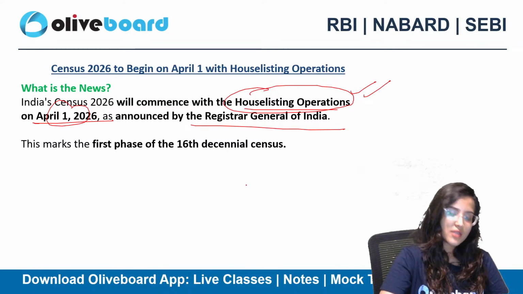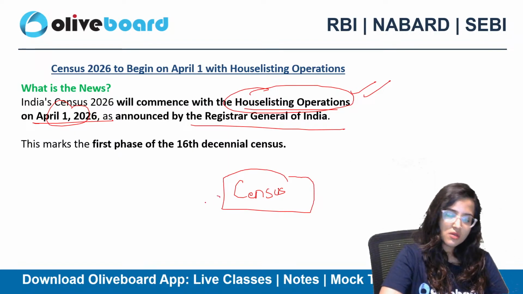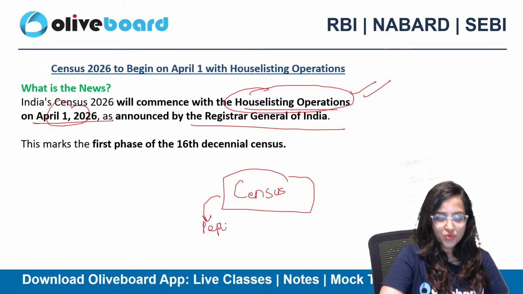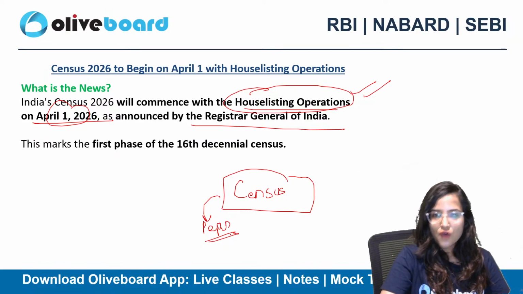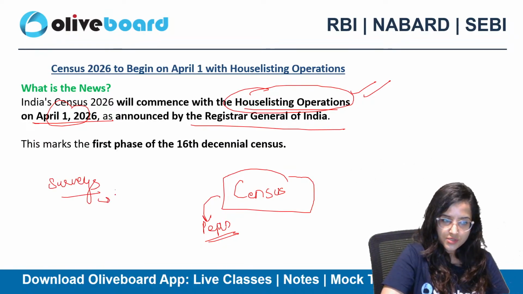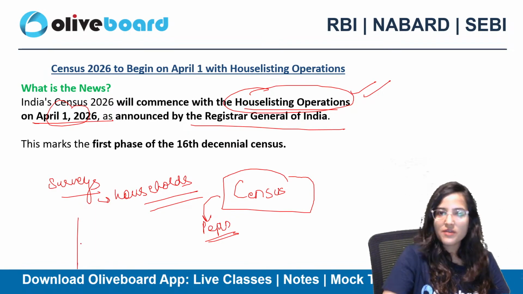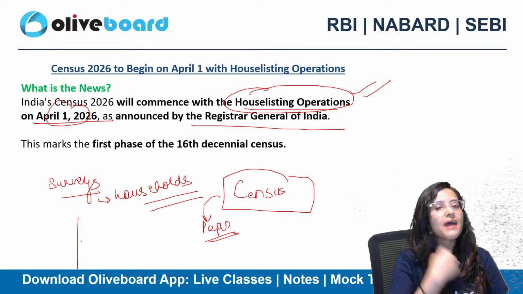See, whenever there is this process of census, we try to understand the population, we try to understand the demography. For that, we need to do surveys in different households, right? And for that, we need to classify. Now, we won't be able to take up the entire population, right?